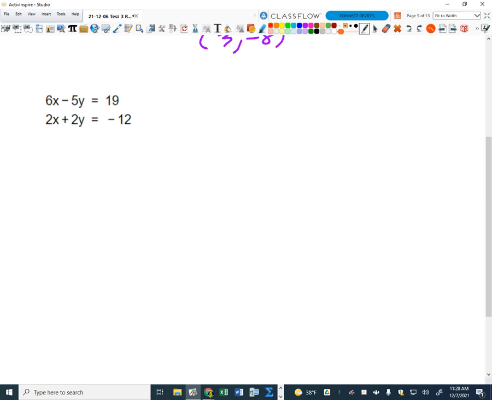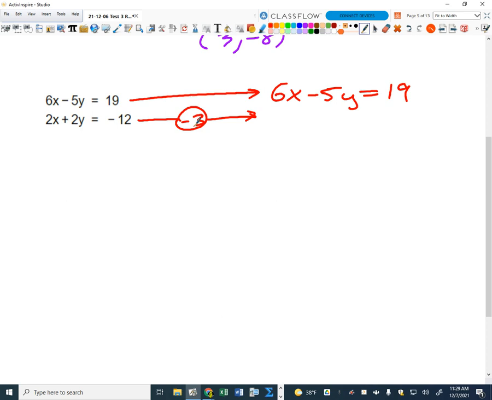Remember, if we leave an equation alone and we're not going to distribute anything, we're just going to give it a solid arrow. If I'm going to multiply by something, we'll make a bubble there, and that's going to be a negative 3. Okay, so the top equation stays the same. 6x minus 5y equals 19. I've got to distribute the negative 3 all the way through both sides, right?